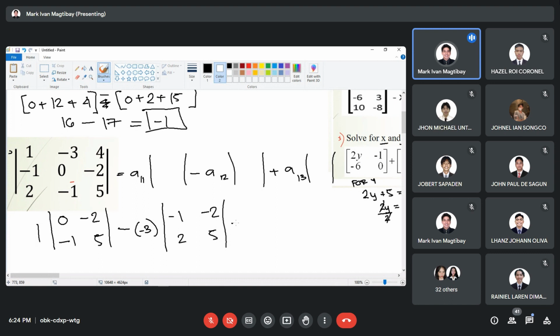Okay? And then plus A13 natin, which is yung value po ng 4 natin. Okay? So, times 4. Nasaan po yung 4 natin? A13. So, pinag-i-intersectionan po ng row 1 at ng column 3 po natin. Na ito po yung kukunin natin matrix po na mas maliit.